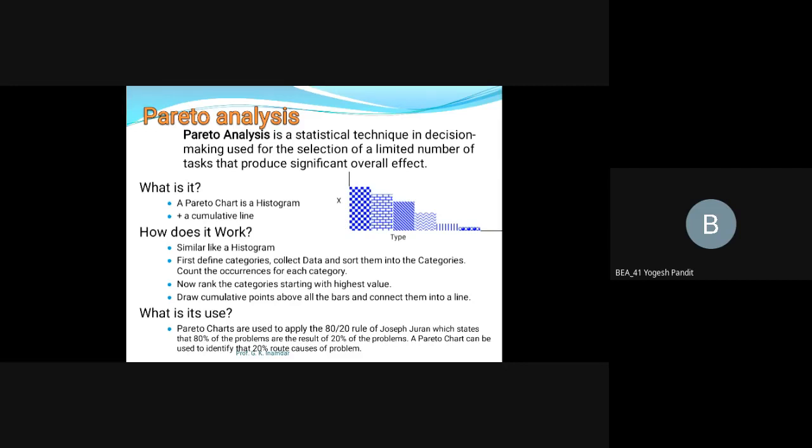How it works is similar to a histogram: first define categories, collect data and sort it into the categories, count the occurrences for each category, and rank the categories starting with the highest value, in descending order.